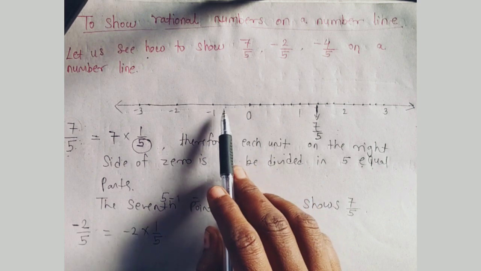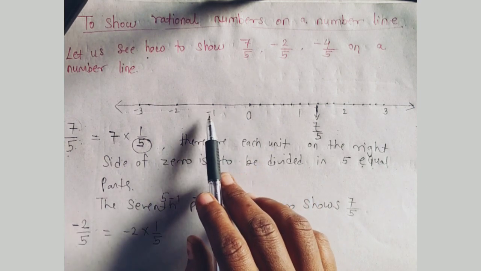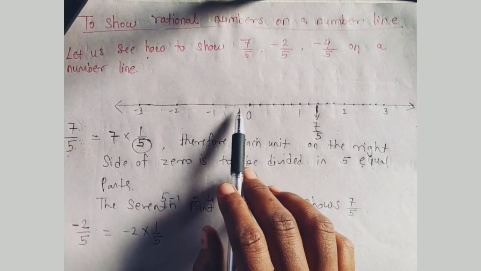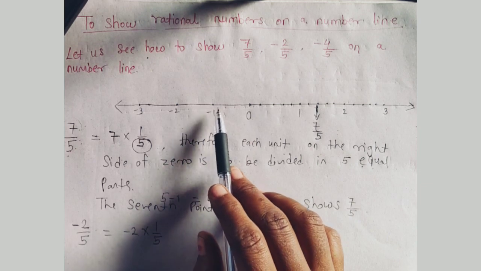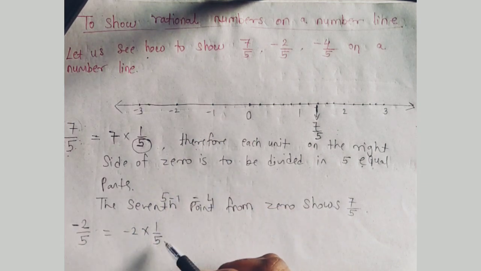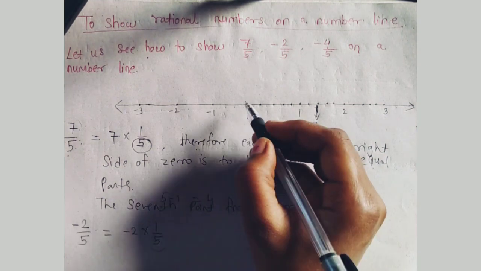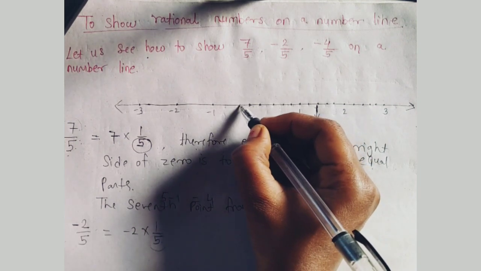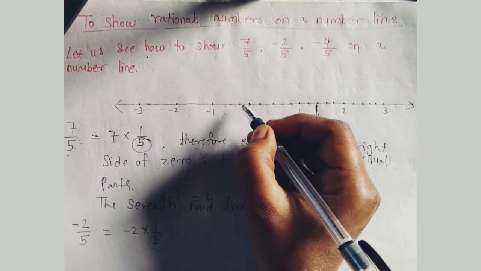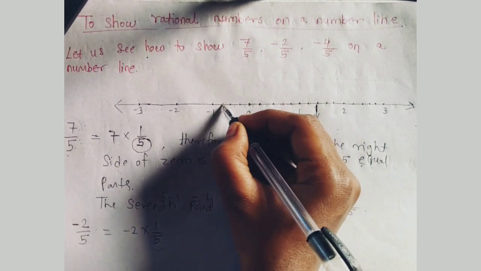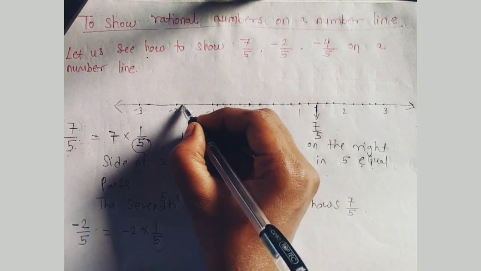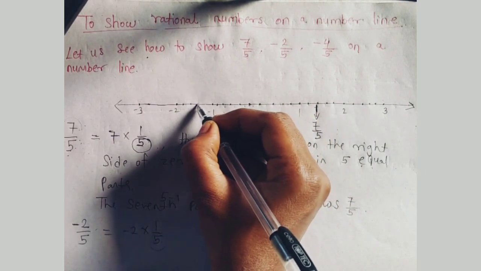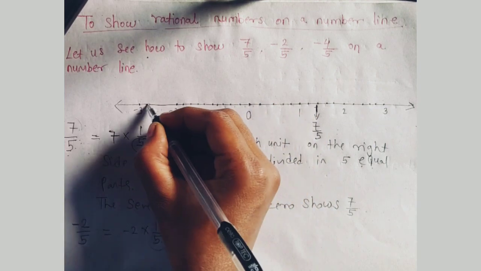Each unit on the left side of the 0 is to be divided in 5 equal parts. Since we have 5 in the denominator, 5 minus 1 is 4, so 4 points in between these 2 points. They are divided in 5 equal parts now.